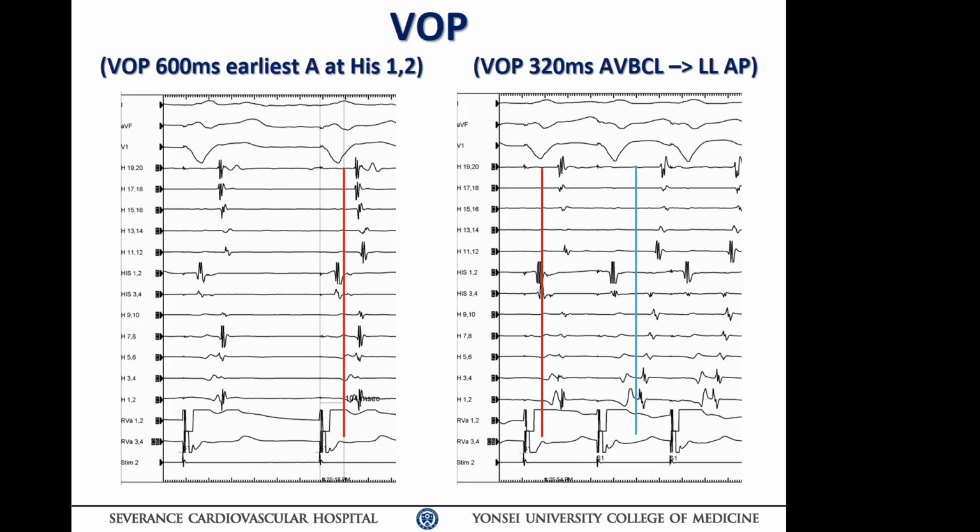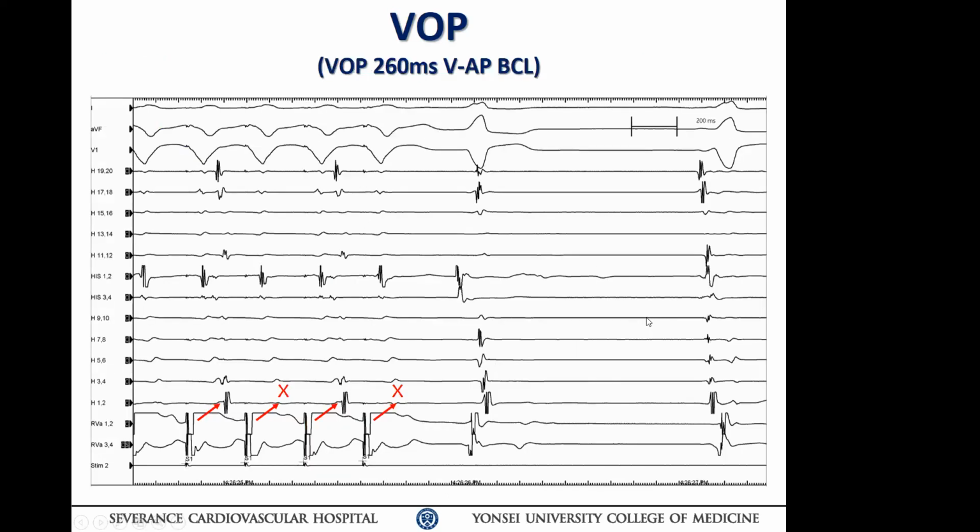We start overdrive pacing, and we found that the AV block cycle length is 320 milliseconds with the change in the activation sequence from septal to the lateral. At 260, the accessory pathway block cycle length was noted.